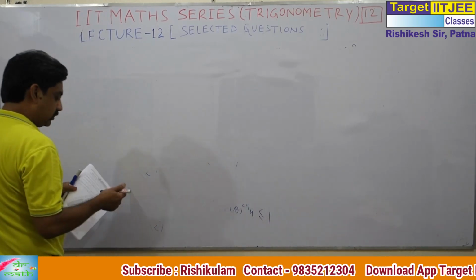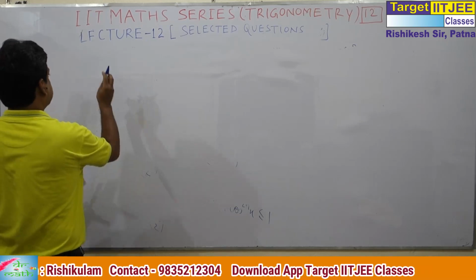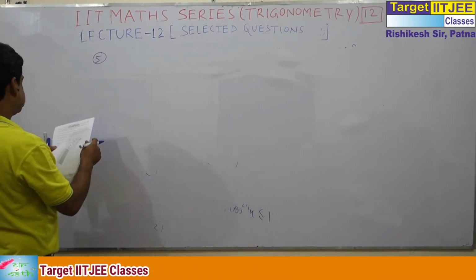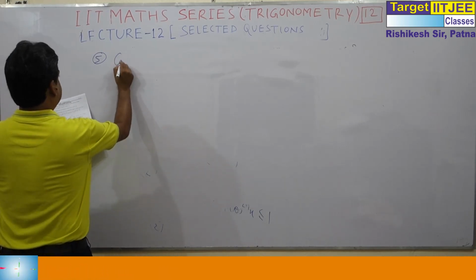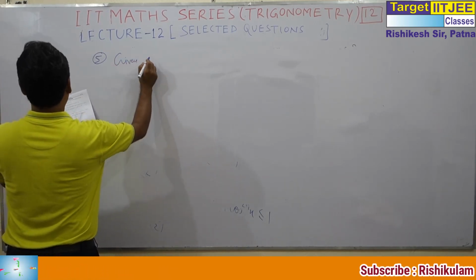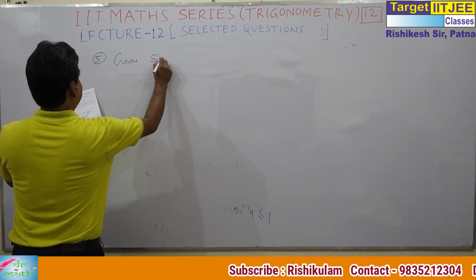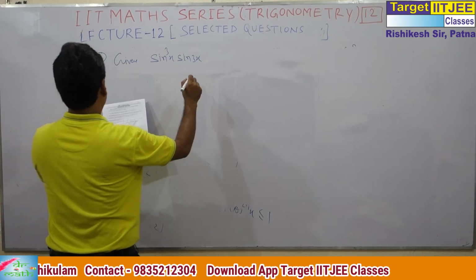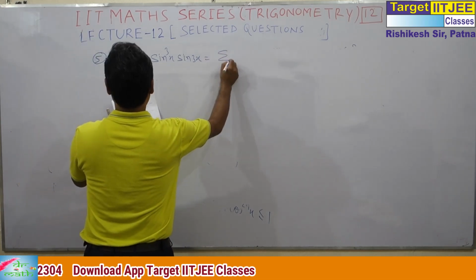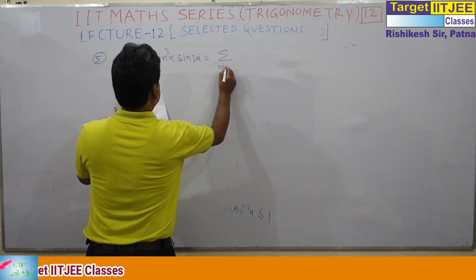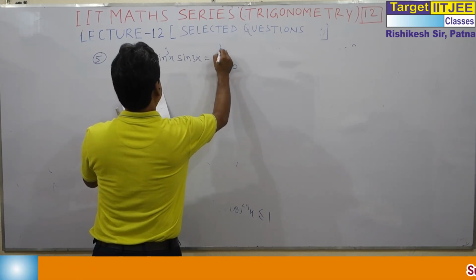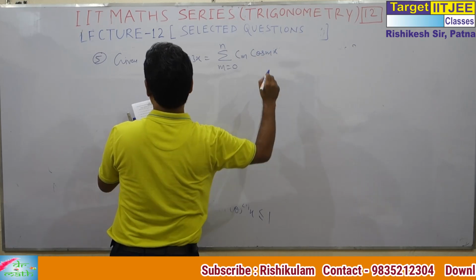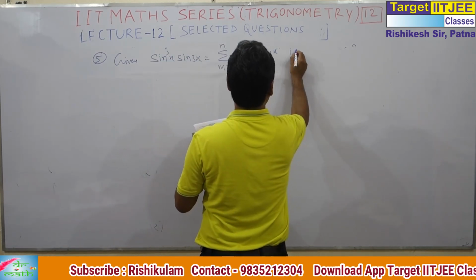This is the question. Question number 5. Suppose sin cube x into sin 3x is equal to the summation over m from 0 to n of Cm cos mx is an identity.